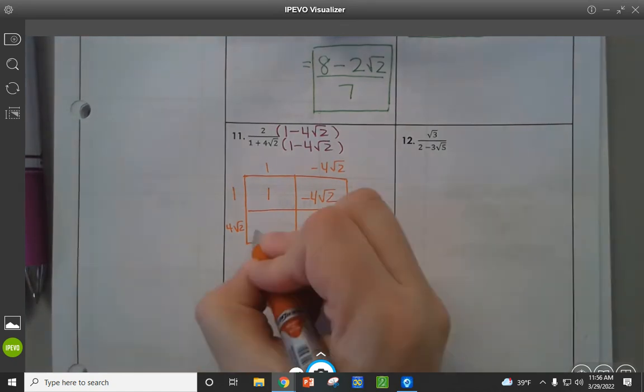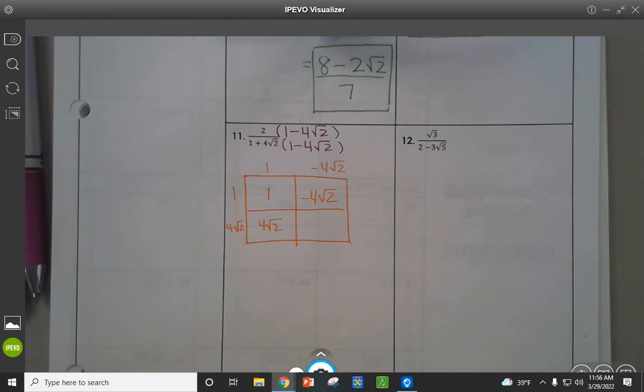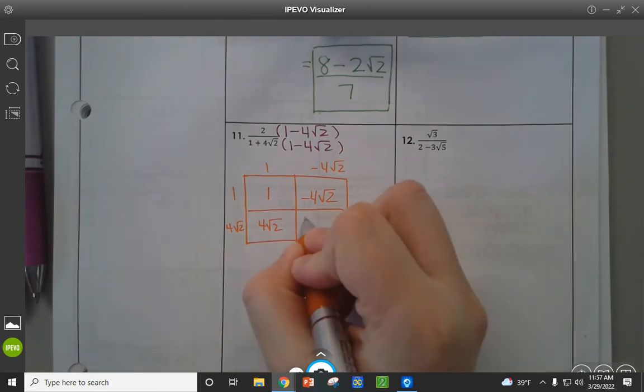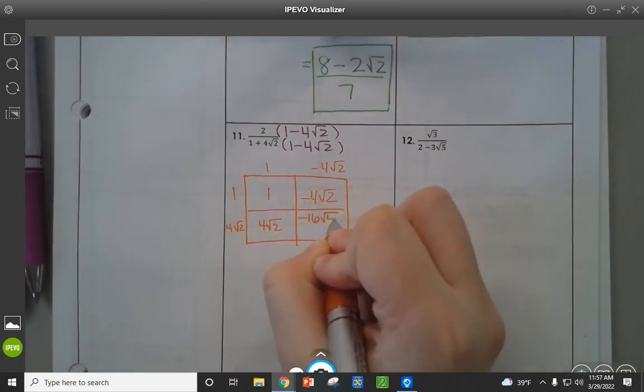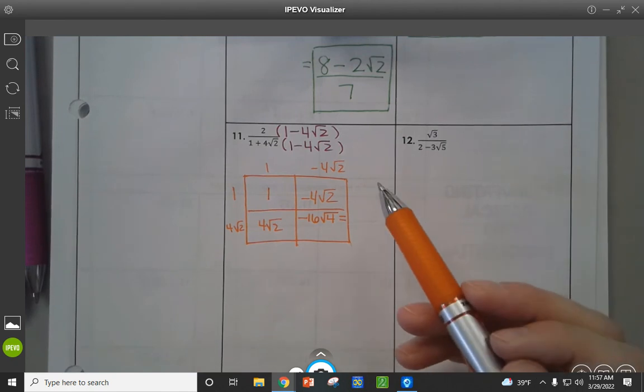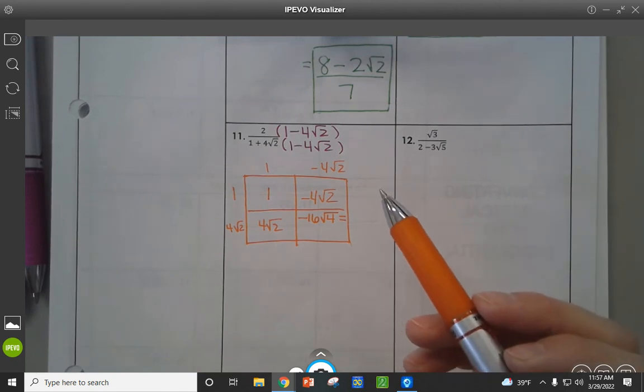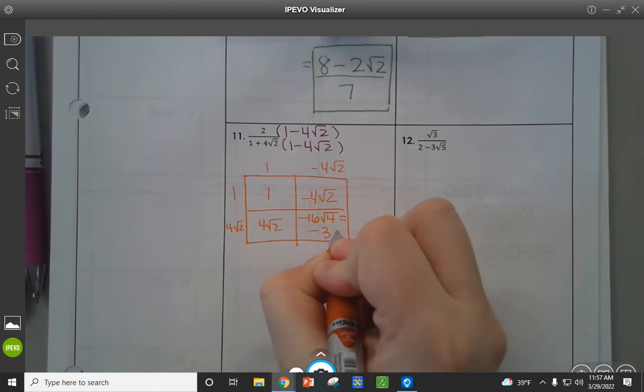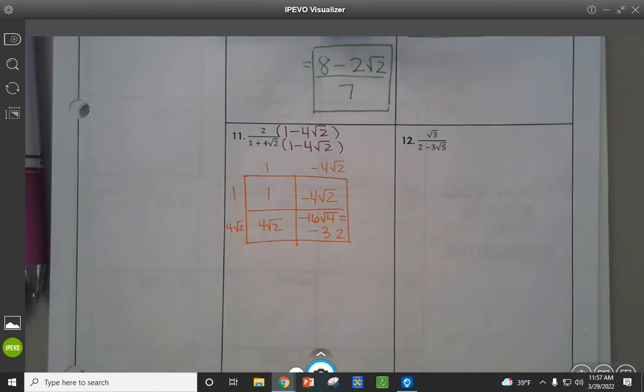And 1 times positive 4 square root of 2 is positive 4 square root of 2. What is 4 square root of 2 times negative 4 square root of 2? Negative 16 square root of 4, which is negative 32. These cancel.